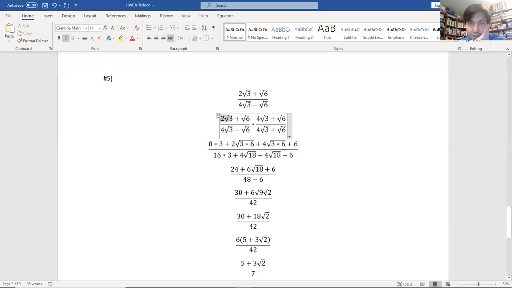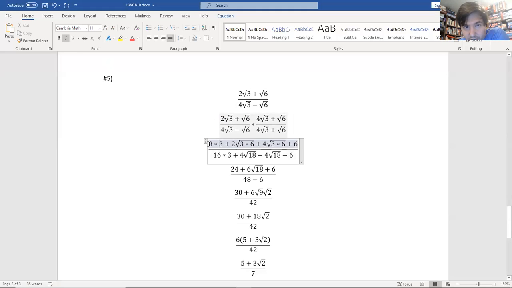The first thing I'm going to do is 2 root 3 times 4 root 3. The straight up numbers, 2 times 4, give me an 8. A root 3 times another root 3 is just a plain old 3. And all this gets multiplied together for each individual set of terms.